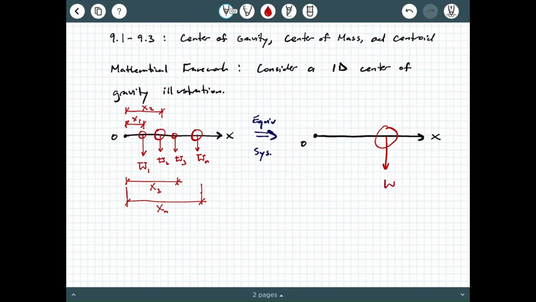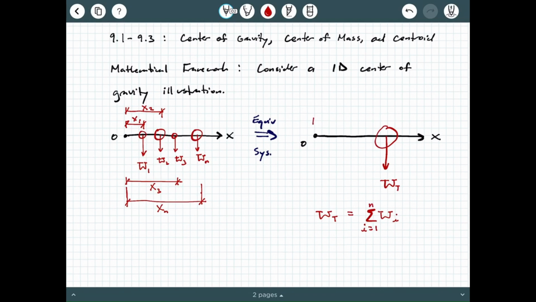We're going to call this W total right here, okay? And guess what? W total is going to be the sum of all of these individual weights, okay? So we're going to say the total weight, of course, is just if you add up all of the individual weights, from i goes from 1 to N for N number of weights, okay? So that's our equivalent system.